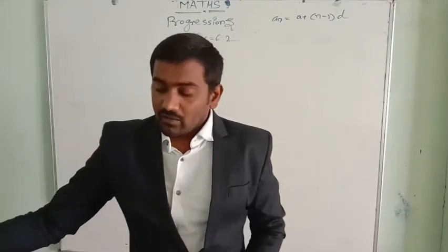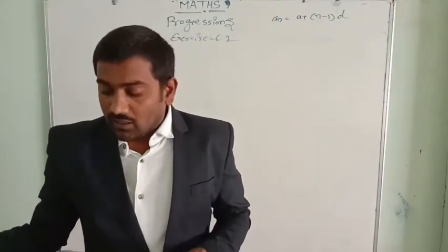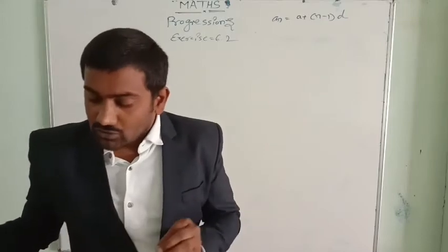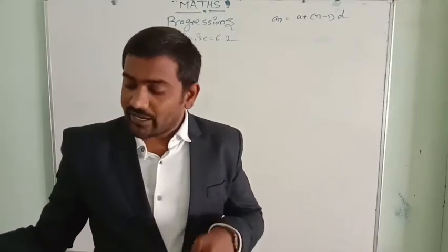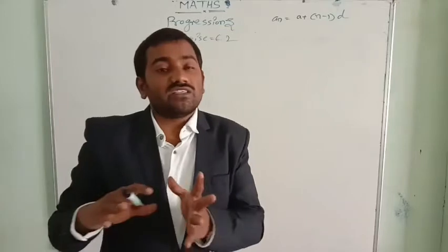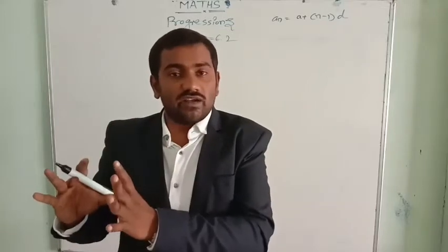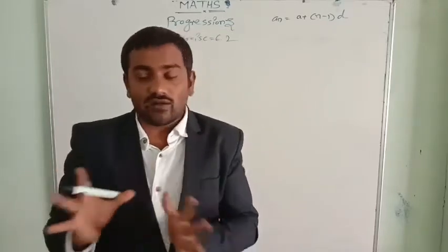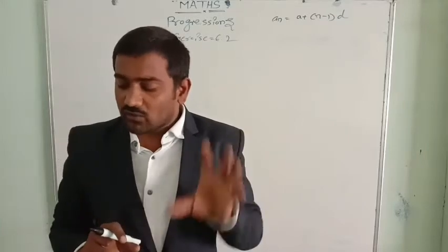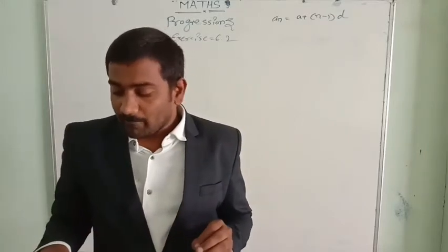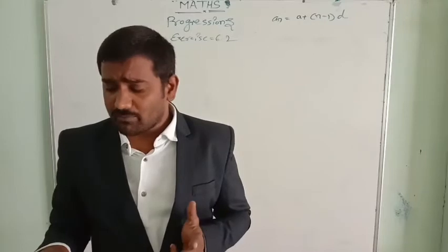Third bit. Find the respective term of the following APs. Respective term means there are some given terms that we need to find. There are overall 5 questions in this. Let me find at least 2 questions from this.